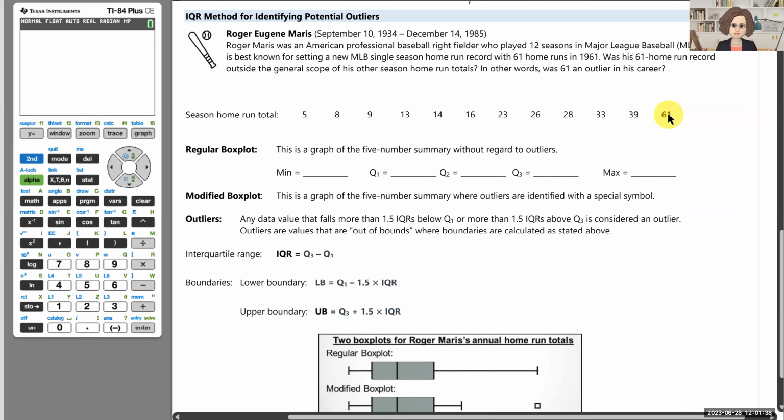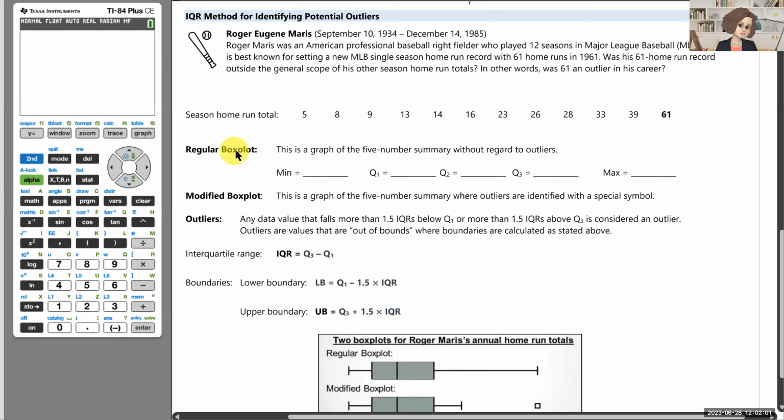Just looking at it subjectively, based on our own opinion, 61 does seem like a pretty big jump from his next highest season home run total, but we want a mathematical way to decide if it's different enough to designate it as an outlier.